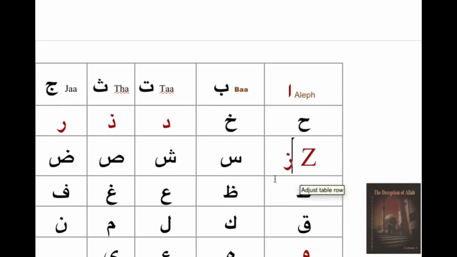Za. This one is different here. This one here is Dha, as if you are biting your tongue. So your tongue will go to the edge of your mouth and you will vibrate the end of your tongue very fast, as if it's a wing of a fly. Dha. All right. So this is Dha and this is Za.